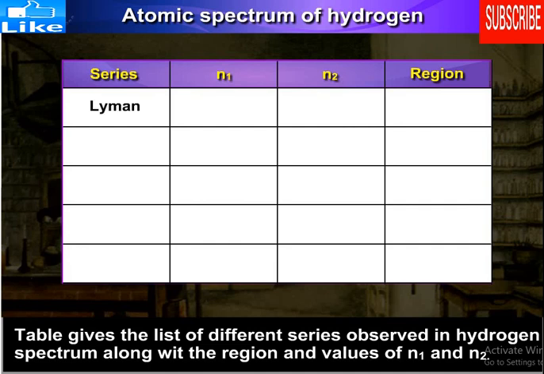Series Lyman, n1 equals 1, n2 equals 2, 3, 4, region ultraviolet. Series Balmer, n1 equals 2, n2 equals 3, 4, 5, region visible.